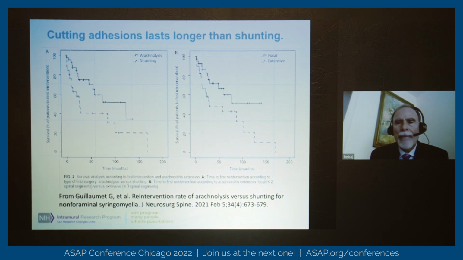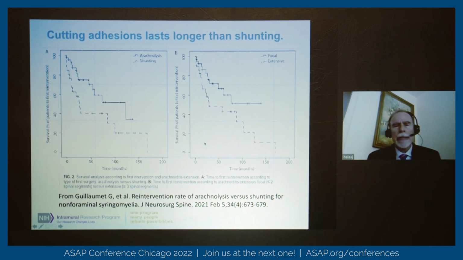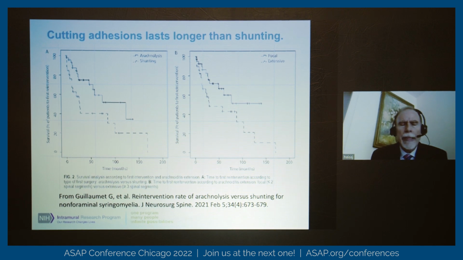You know, everybody's trying to improve and to be introspective and try to think of ways that patients with extensive arachnoiditis can be treated better. But what we're doing is really just replicating each other's experience.